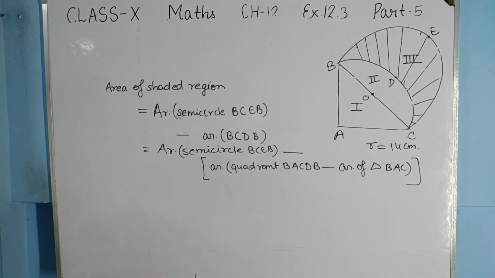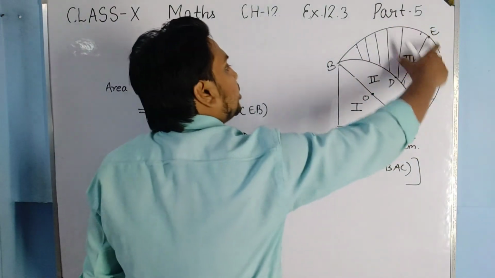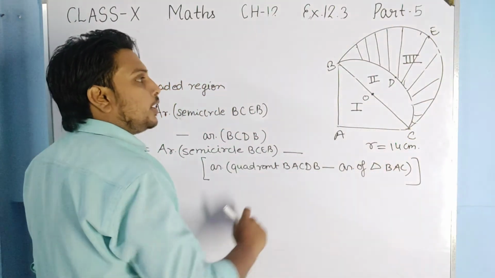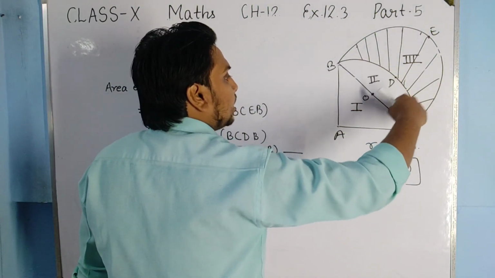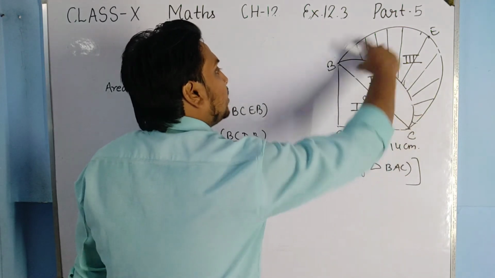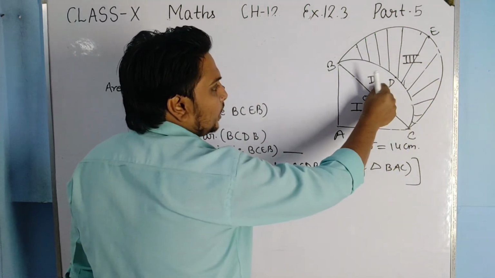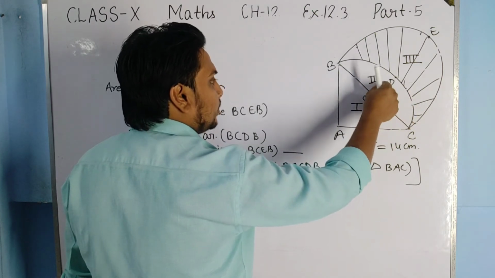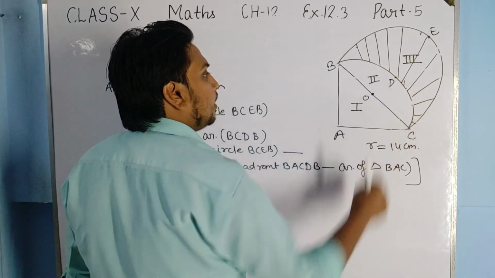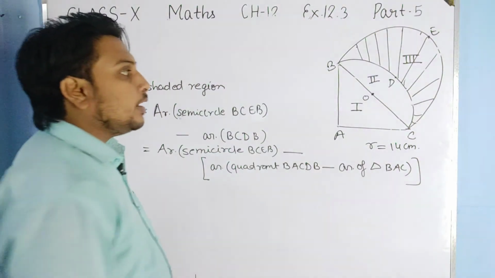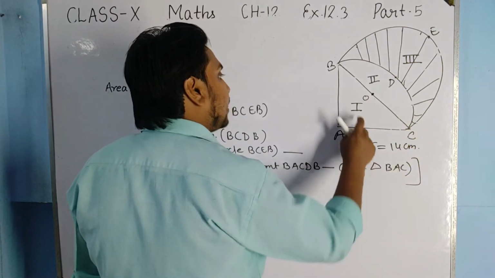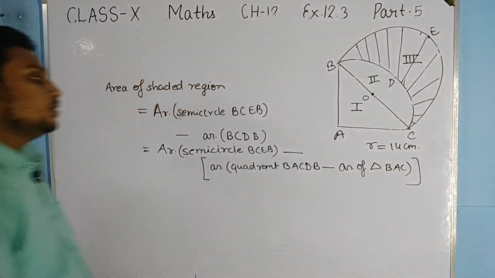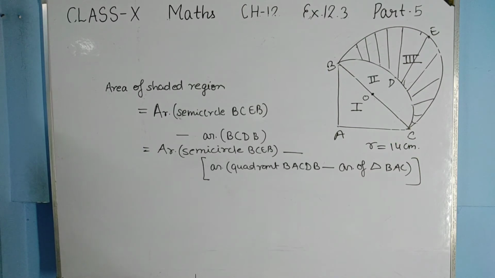The whole concept is to find this shaded region: we have to subtract this second region from the semicircle. To find the second region, we subtract the area of the triangle from the area of the quadrant. By this approach we can find the area of the shaded region.